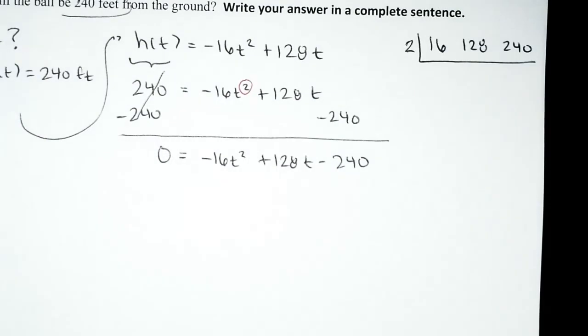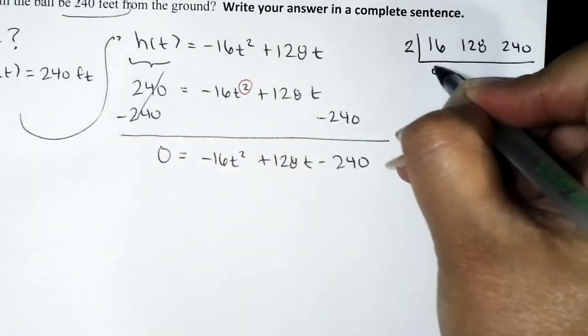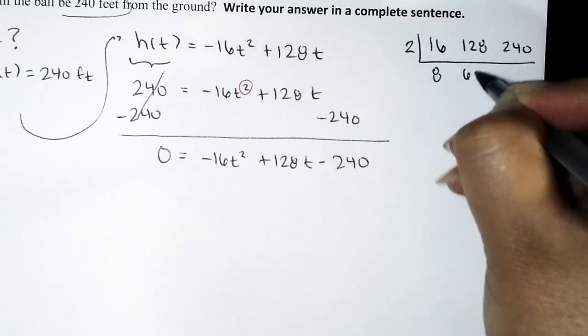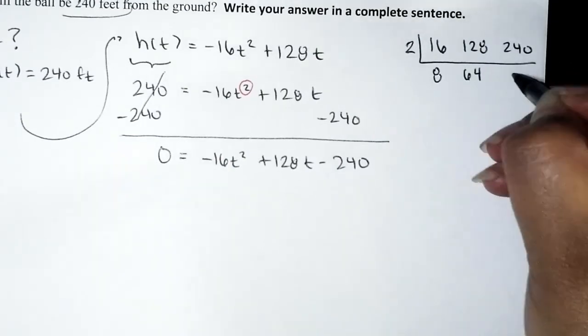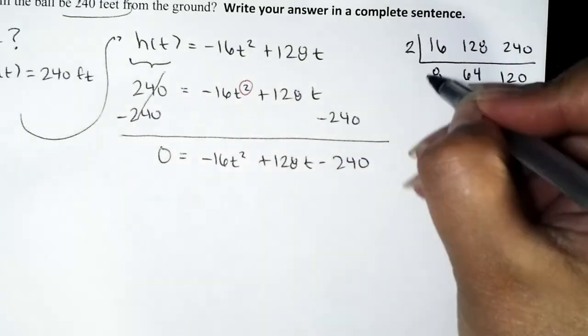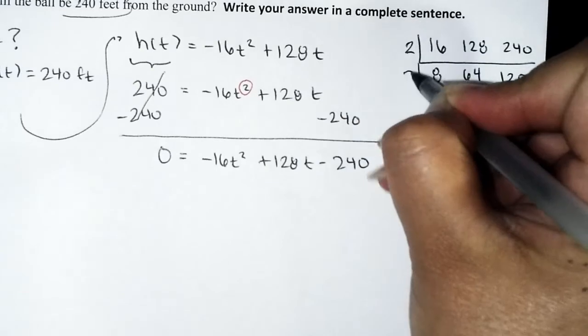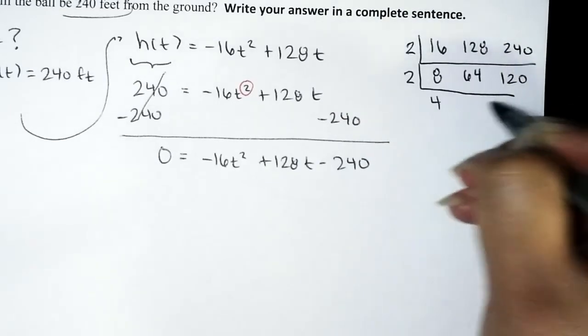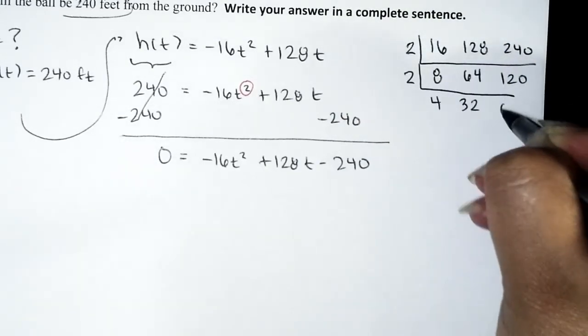If we divide by 2, 2 goes into 16 8 times, into 128 64 times, and into 240 120 times. Sorry, I was trying to do the division. They're still even, so I'm going to divide by 2 again, and that will leave us with 4, 32, and 60.